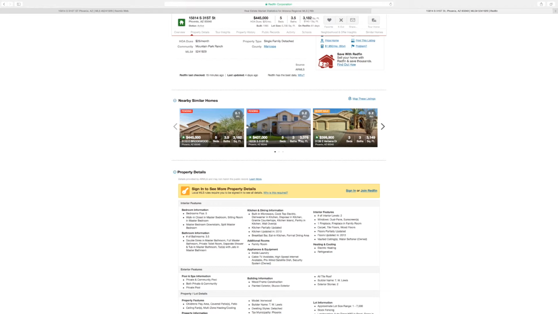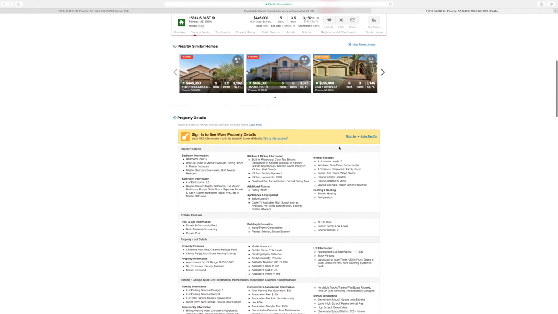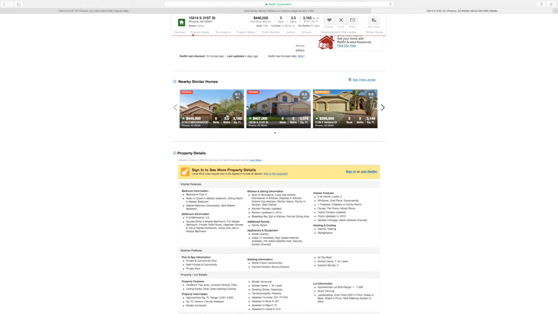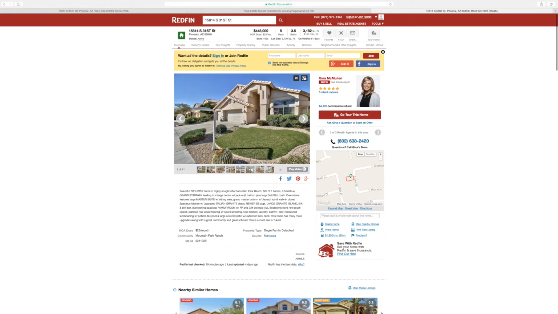It's a little bit smaller. There's a short sale there. So these are things that are similar. If we average these out, they're going to be around 425: the 445, 407, 339. This one's almost the same square footage and $45,000 less, so it's going to be about 425 here too. So we're going to add that in as well. This is where we're going to find our comparable data.